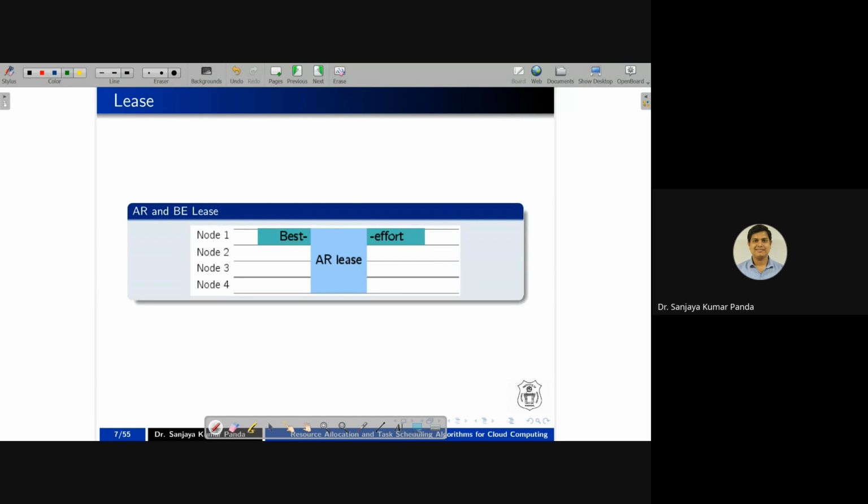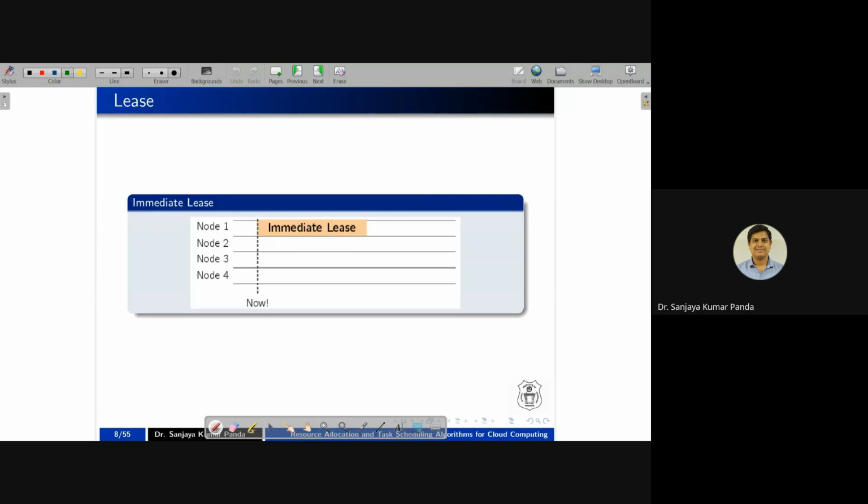Okay. So there is another type of lease called an immediate lease. I can say an immediate lease is a lease where arrival time is the same as start time. I told you in an advance reservation lease, arrival time is less than the start time.